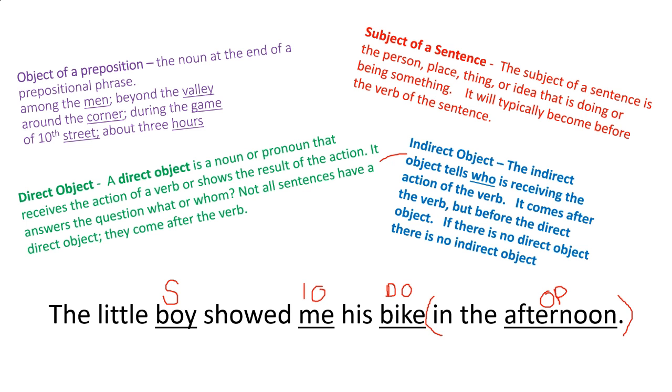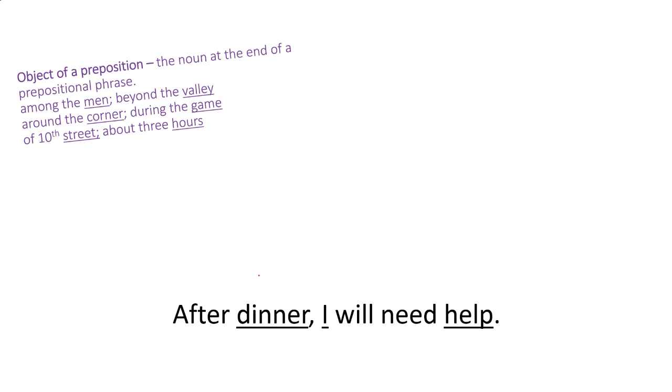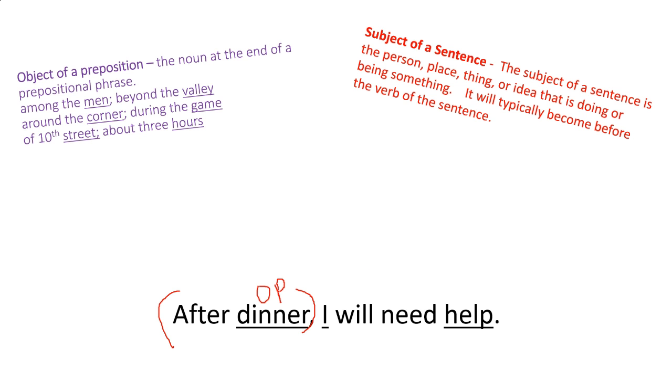Okay, we'll go to the next one. Okay, so after dinner, I will need help. First thing I want to do is find my prepositional phrases. So here's one, after dinner. And this is my OP, object of a preposition. Okay. Next I'm going to find my subject. Subject is who or what is doing the action.